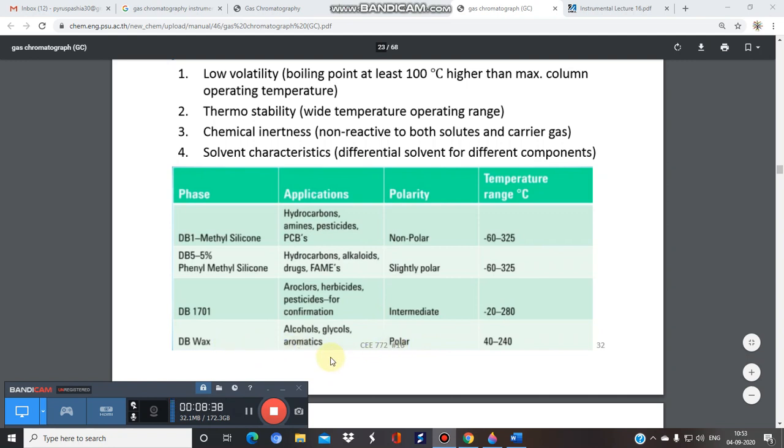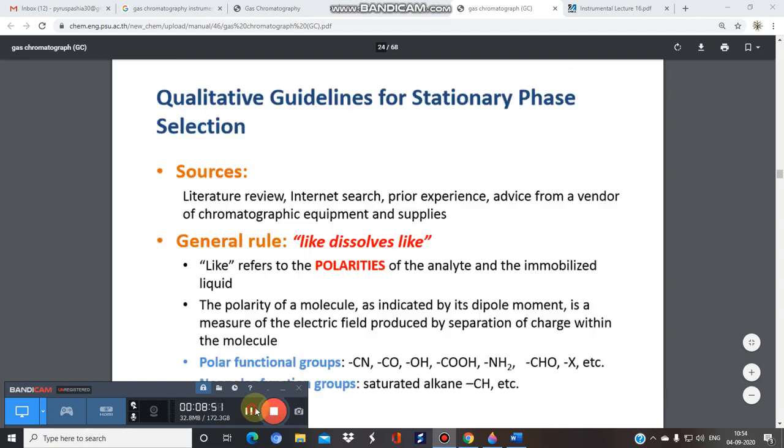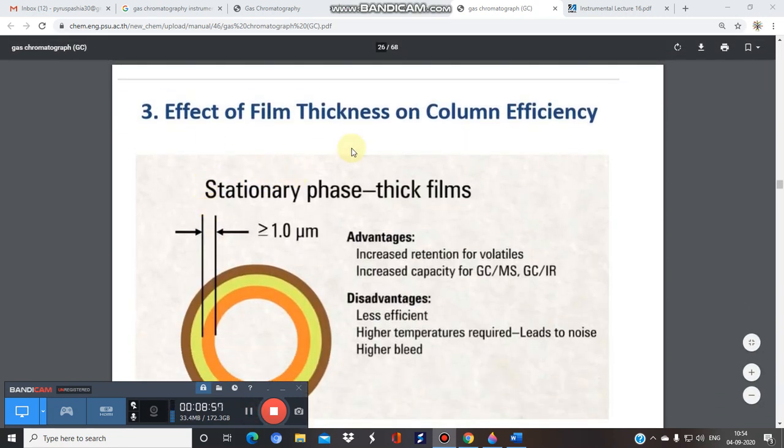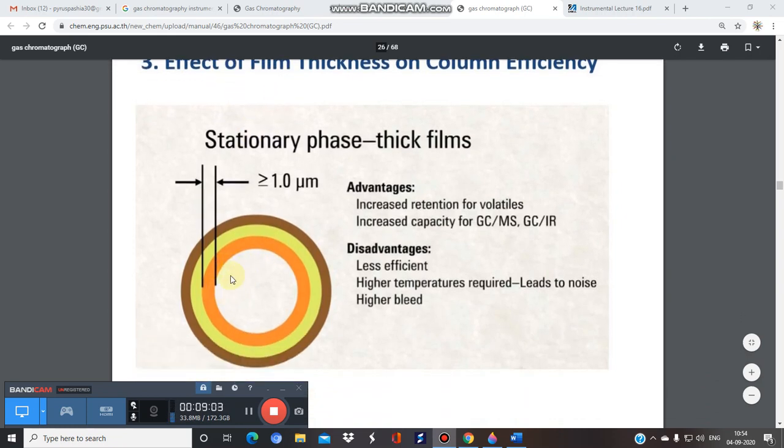Why is this used for isolation of these? Because alcohol is somewhat polar, comparatively, while hydrocarbons are comparatively non-polar. We generally follow the principle of like dissolves like. Now see this: the stationary phase is packed in the column as a thick film, packed this way.